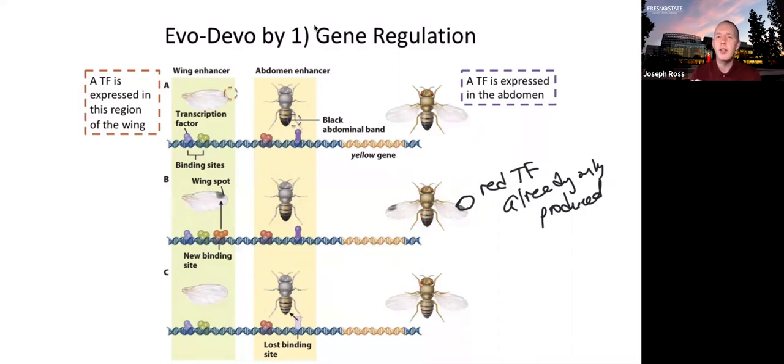One, a DNA sequence change, a mutation that creates a transcription factor binding site, and that being a cause of developmental change. And also a mutation that causes the loss of a transcription factor binding site, and that causes another developmental change. And the important point again here is that these are minor changes. They're not body-wide. They're restricted to particular areas of the body, and they make subtle changes, as in this case, pigmentation.